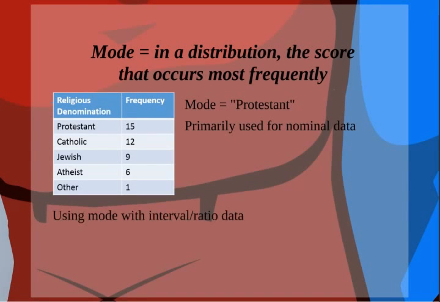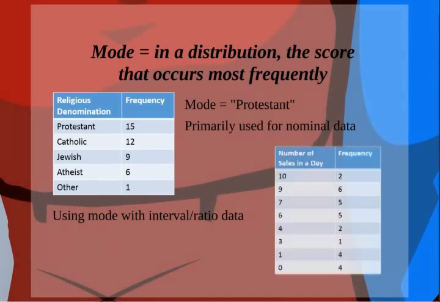Now, the reason we typically don't use mode when we're using interval ratio data is that it can skew our interpretations. Let's say that I own a car dealership, a huge dealership with a lot of different people who sell cars, and I'm interested in finding how many sales each person has per day.